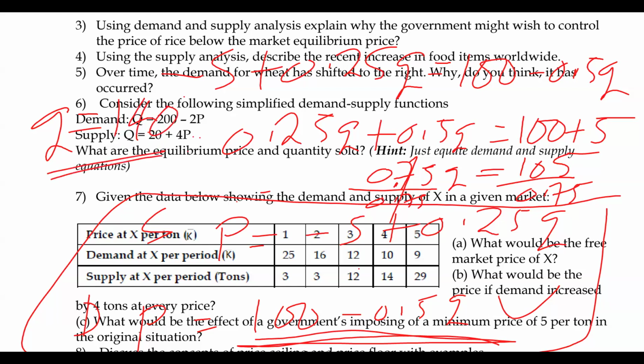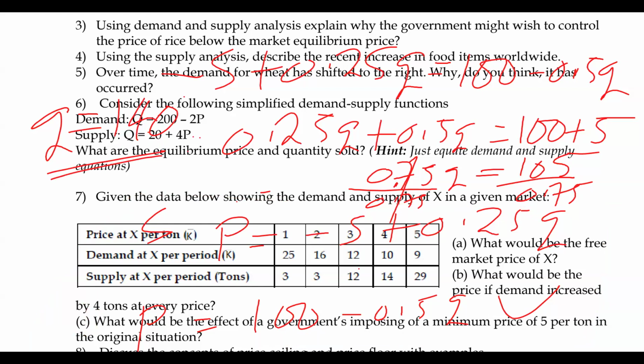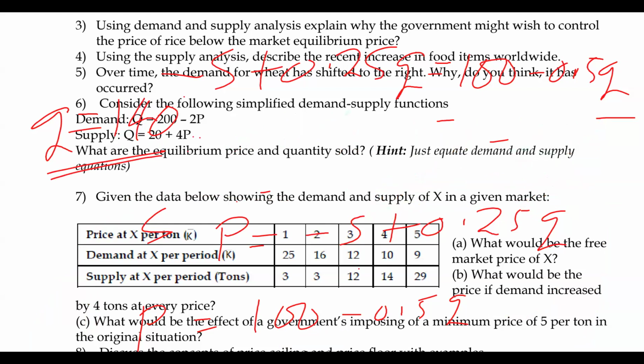Now it becomes very easy to find the price, because you can just pick either of the two functions, the supply or the demand function. Where there is Q, replace it by 140. Then you find it.